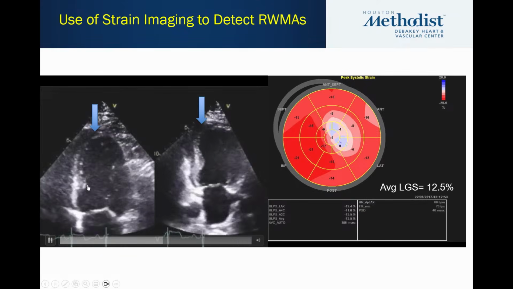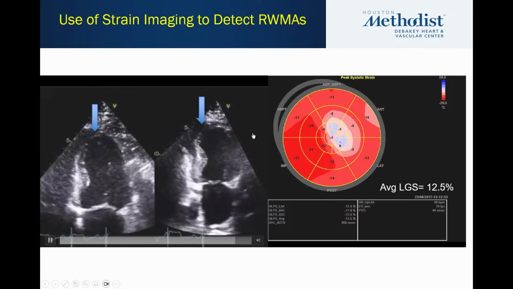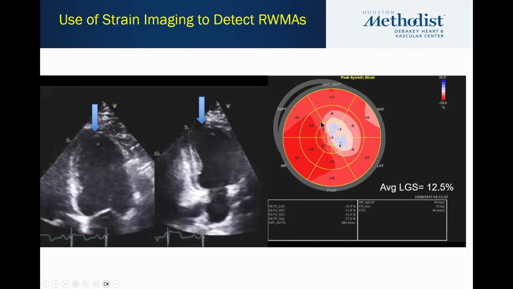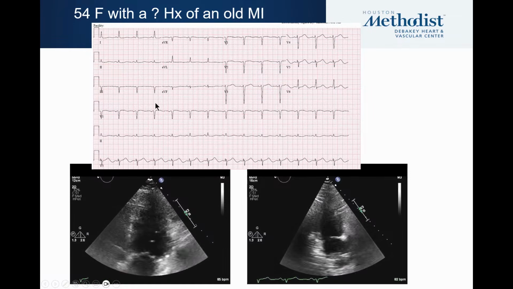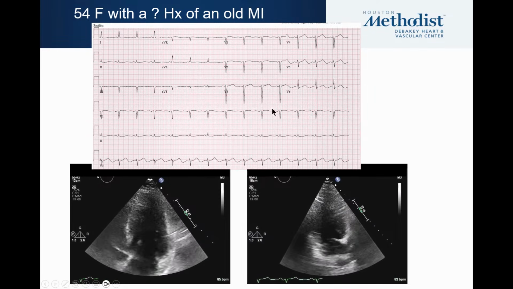Now, this is somebody that by 2D looks like maybe the apex is down a little bit. But the strain confirms it very nicely by having this real area here of very poor motion. This case is even more interesting because this patient basically had an EKG with questionable MI because of poor R wave progression, but we see that quite often also as a false positive. So is this real or not? So here's the 2D echo.